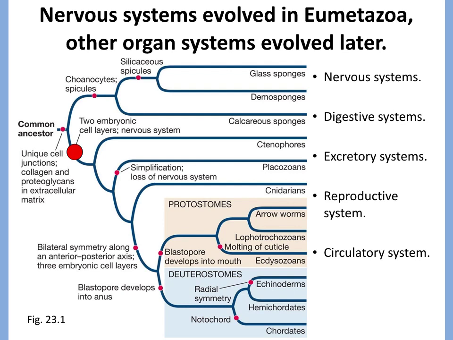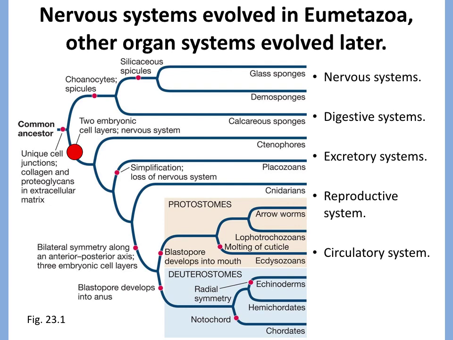So when we look at this particular phylogeny, one of the things we noticed is that the nervous systems first evolved in eumetazoa. Eumetazoa is everything but sponges. So nervous systems first arose after the evolution of embryonic cell layers, those two embryonic cell layers of the ectoderm and the endoderm.